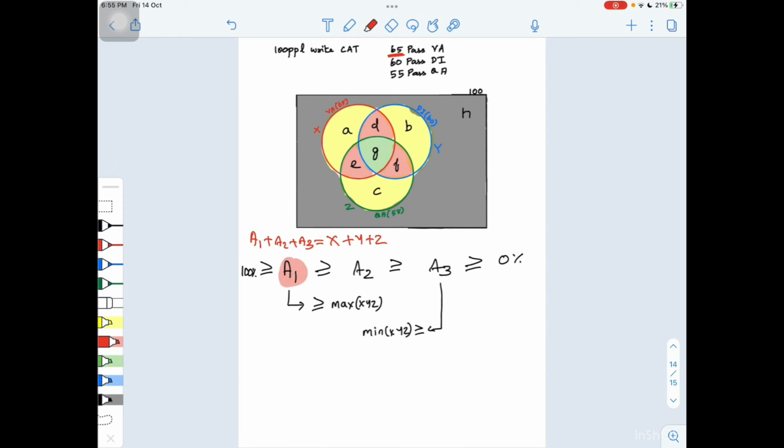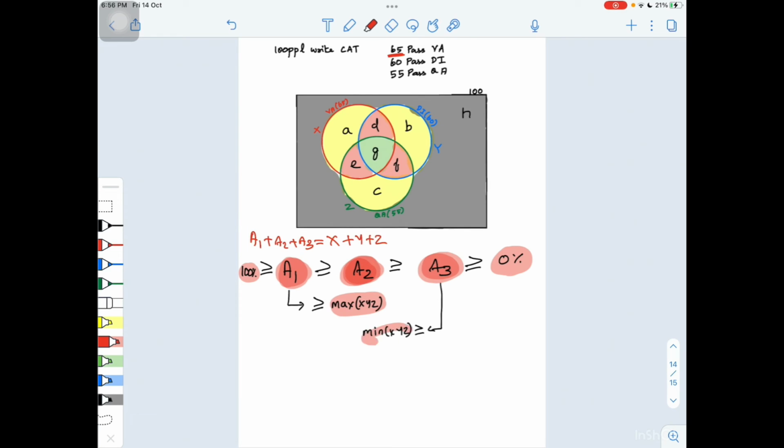So now if you look at it, this A1 has an upper bound of 100% and two lower bounds. One is A2, another one is the maximum of x, y, z. What is x, y, z? The three circles. Similarly, A2 has one upper bound A1 and one lower bound A3, whereas A3 has one lower bound 0% and two upper bounds.